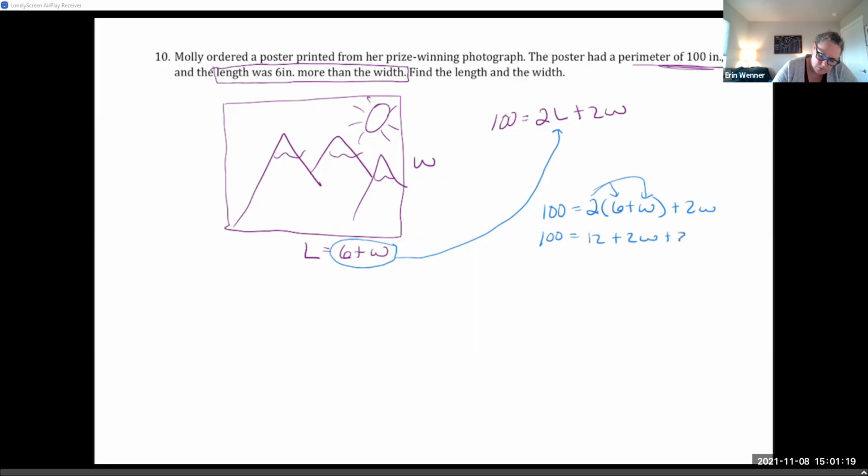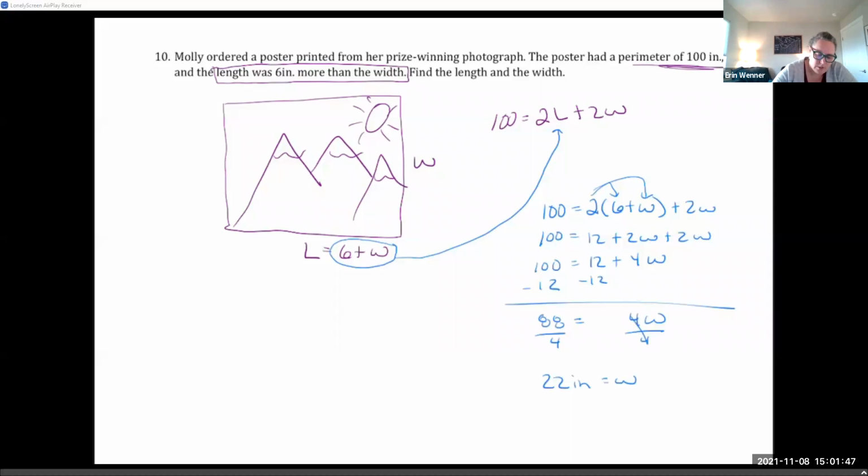Combine like terms. And then we can solve for W. So we'll subtract 12 from both sides. 100 minus 12 is 88. Divide by 4. And we get 22 inches is equal to the width.